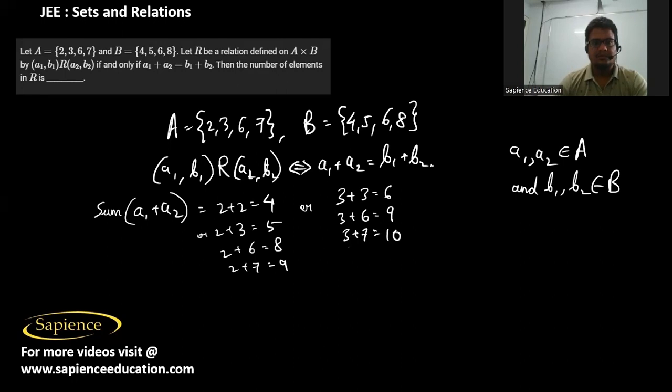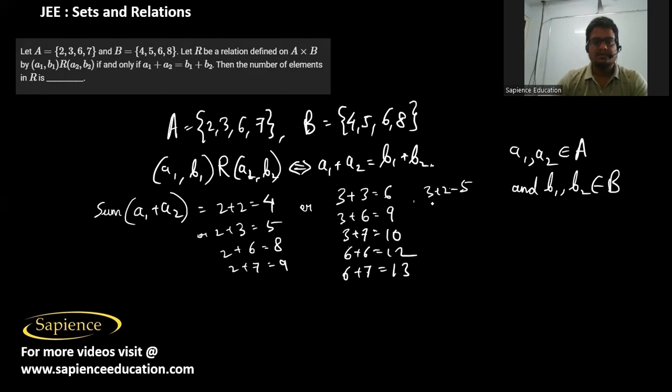Then 6 is there. So we can have 6 plus 6 equal to 12 and 6 plus 7 equal to 13. And we can also have 3 plus 2, which is 5, and then 3 plus 6, 3 plus 7.